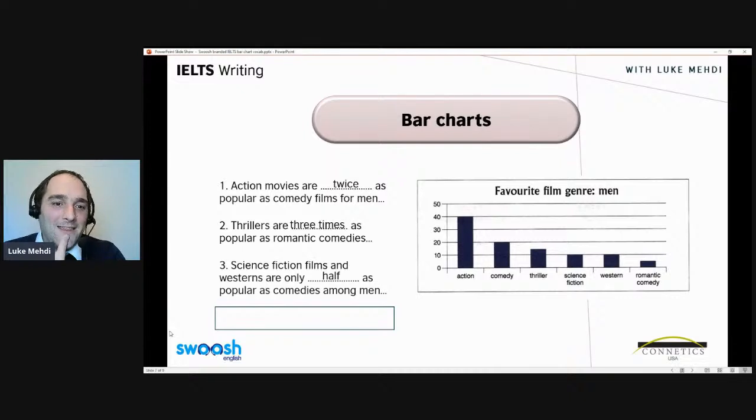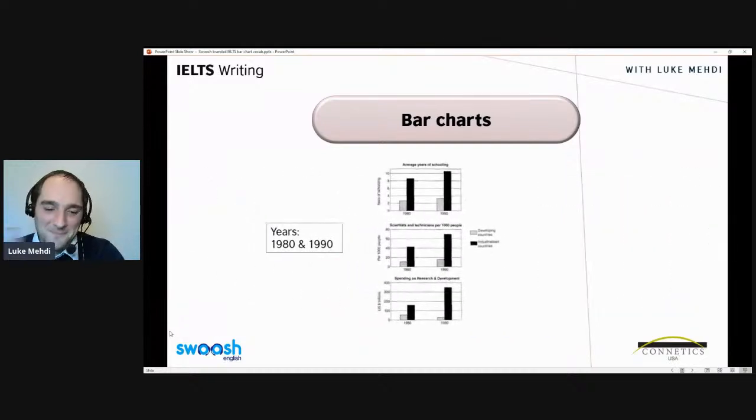And the other word that shows us number 3 is half, is only half as popular. You wouldn't say only 3 times. 3 times more popular is quite a large difference. Oh, somebody saying thrice. Yeah, you could absolutely say thrice.